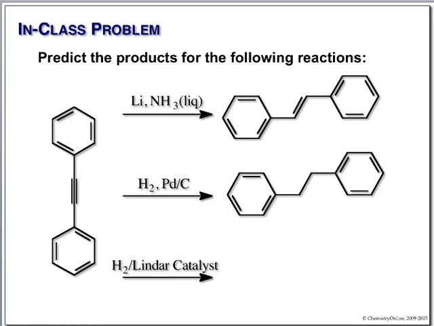We're only going to reduce once, and it's going to be cis. Make sure you understand all three of these. Again, cis is spelled with a Z. We get trans, cis, or full reduction.